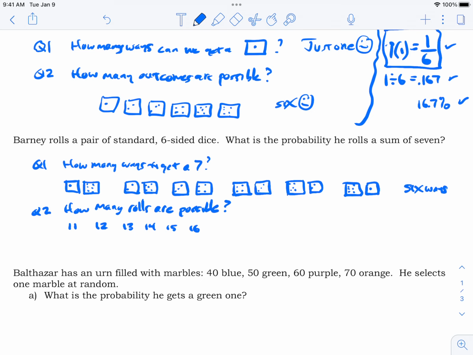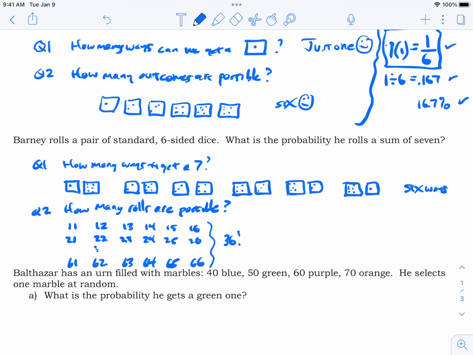Or maybe the first one comes up a 2 and then I get a 1, or a 2 and then a 2, or a 2 and then a 3, or a 2 and then a 4, or a 2 and then a 5, or a 2 and then a 6, all the way down to you might get a 6 first, a 6 and then a 1, a 6 and then a 2, a 6 and then a 3, a 6 and then a 4, 6 and then a 5, 6 and then a 6. Okay. So if you imagine that I listed everything, including starting with the 3, starting with the 4, starting with the 5, there's actually 36 different things that could happen.